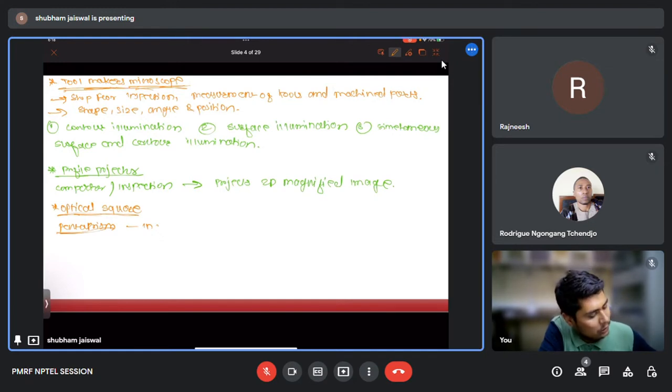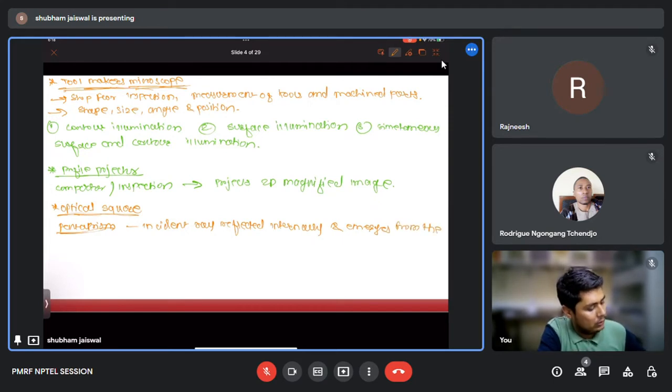So the incident ray is reflected internally and emerges from the square exactly at 90 degrees to the incident beam.